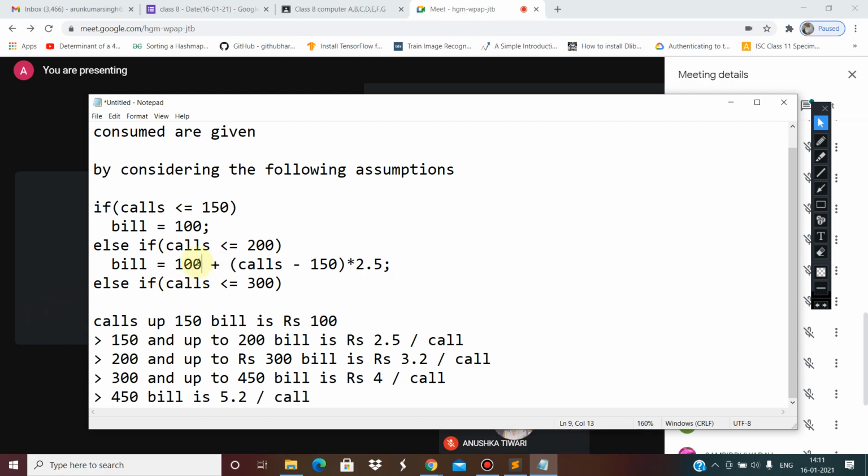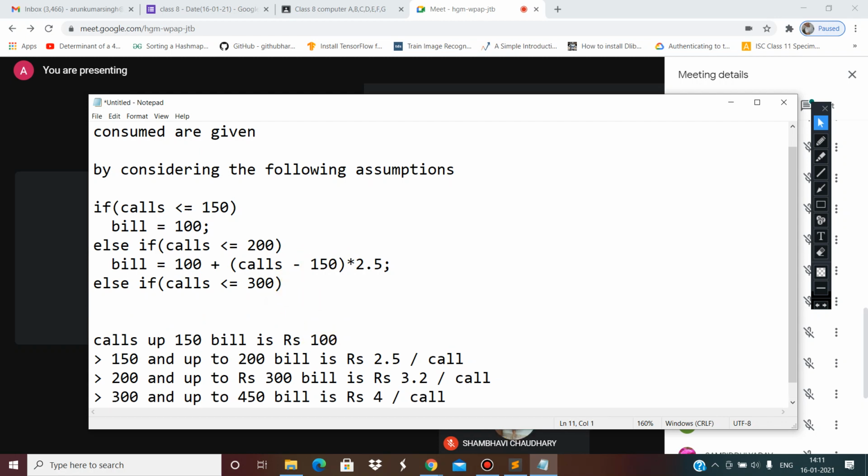This 100 is for 150 calls, so that's why I am subtracting 150. And now here bill is 100 plus 50 into 2.5, plus the remaining you have to calculate, that is calls minus 200, into 3.2.